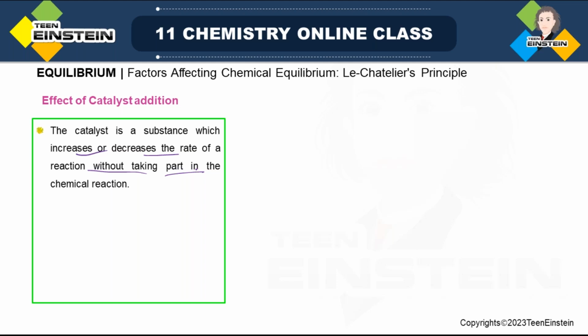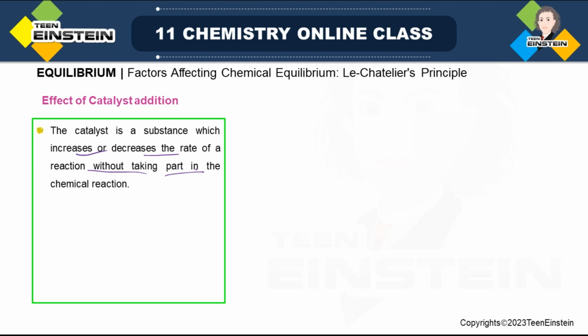So we add it to increase or decrease the rate, mostly to increase it, but sometimes we add a negative catalyst because some reactions have such a high rate that there may be a chance of explosion, or maybe we are not getting the expected product. So in that case, to reduce the rate of reaction, we can also add a negative catalyst, right?